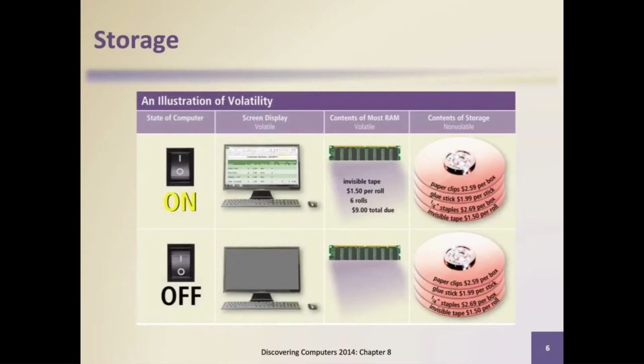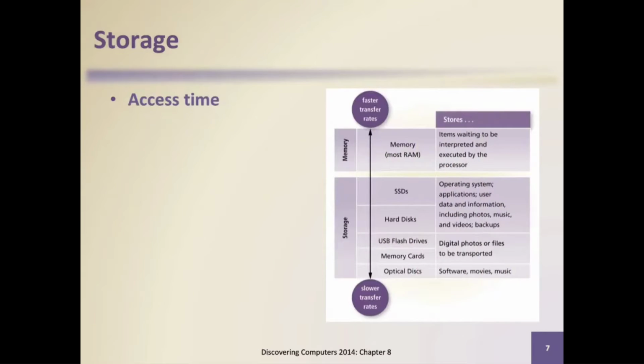Items on a storage medium remain intact even when you turn off a computer or mobile device. Therefore, a storage medium is non-volatile. Access time measures the amount of time it takes a storage device to locate an item on a storage medium. It also measures the time required to deliver an item from memory to the processor.